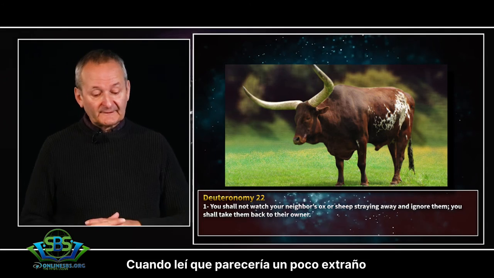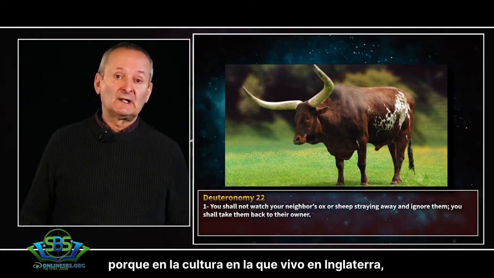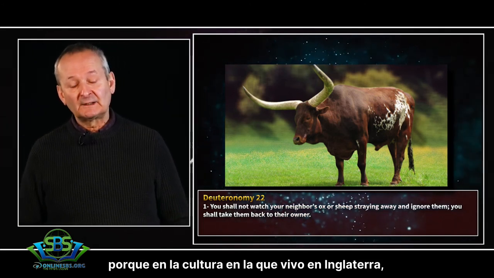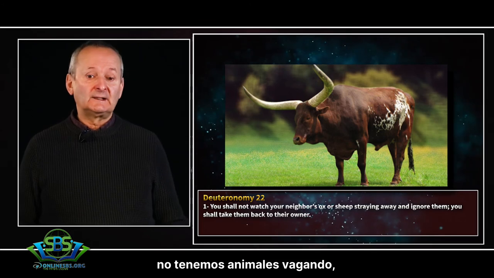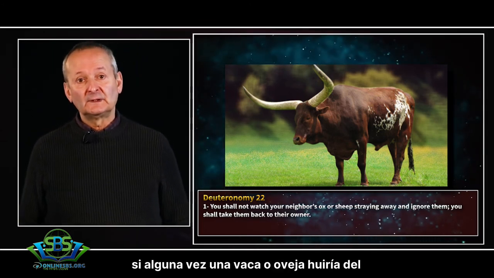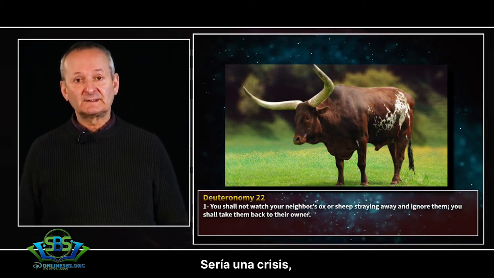Now, when I read that, it seems a little bit strange, because in the culture I live in here in England, we don't have animals wandering around. If ever a cow or a sheep were to escape from the farmer's field, it would be a crisis.